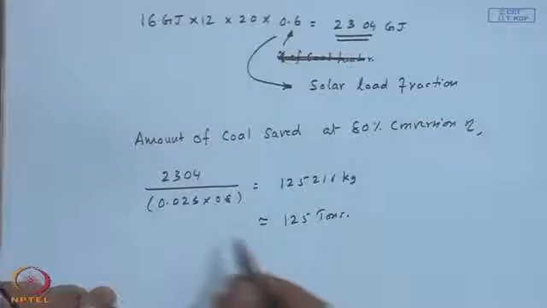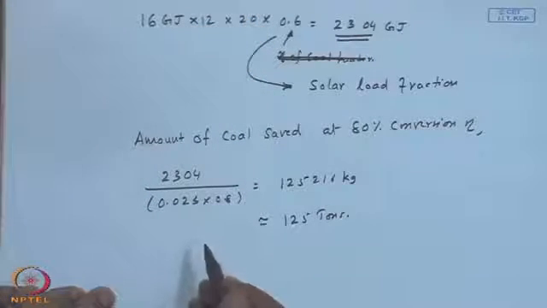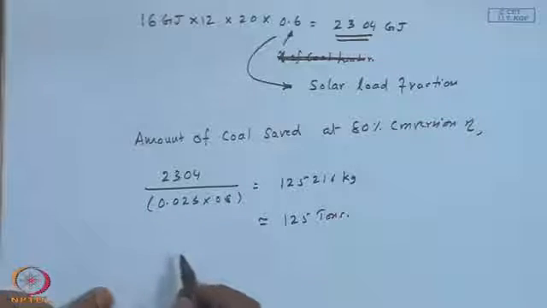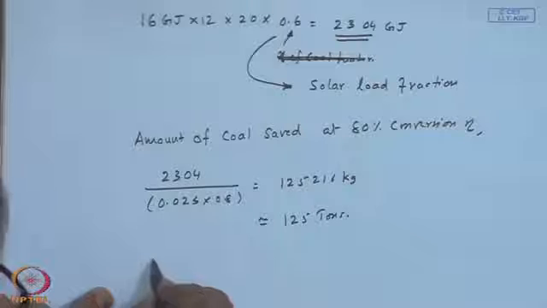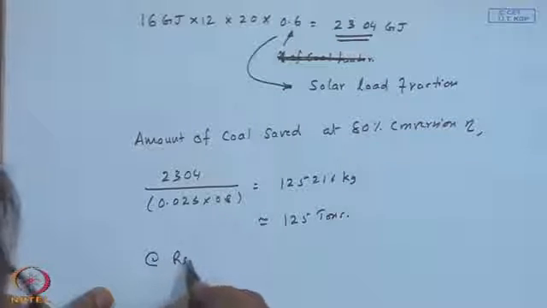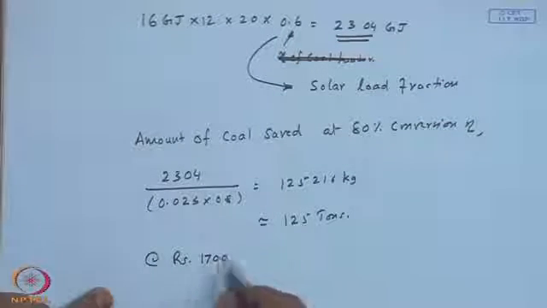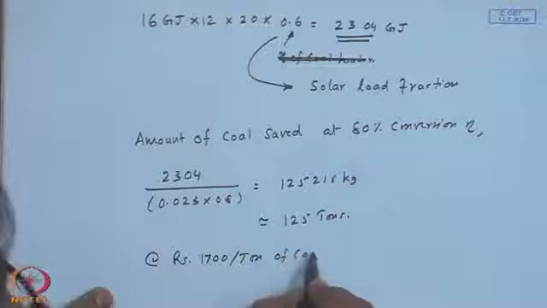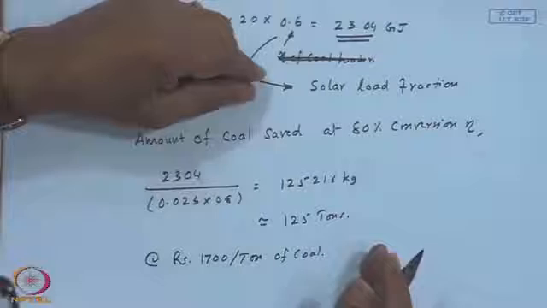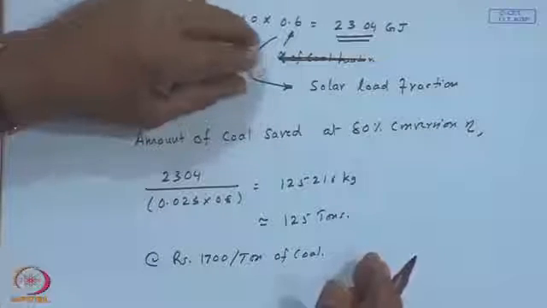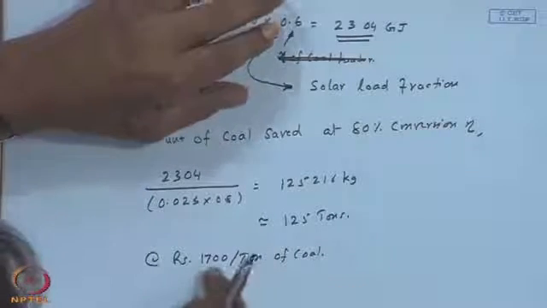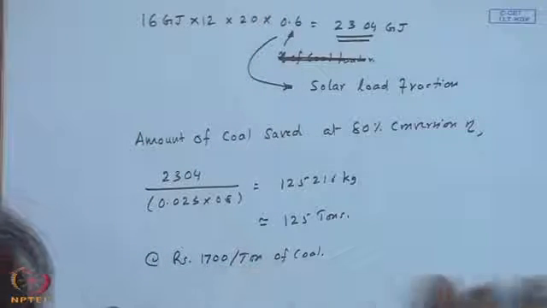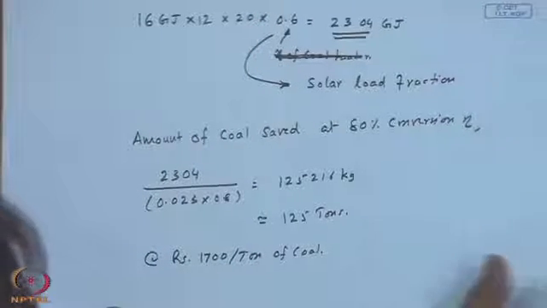Again, I have to depend upon the newspaper announcements and the website. The Coal India price seems to be at Rs 1700 per ton of coal. If it is more, my economics looks better. If it is less, it looks worse. There may still be some inflation over that; actually, the issue was about increasing the price by 10% or so.